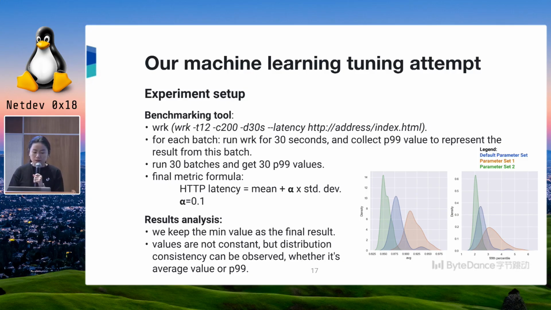And then finally, the metrics formula is listed here. We use a concept from the statistical world: the mean plus alpha times the standard deviation. After we have run some batches of experiments, we want to have a look at our results. There are 2 ways to look at it.